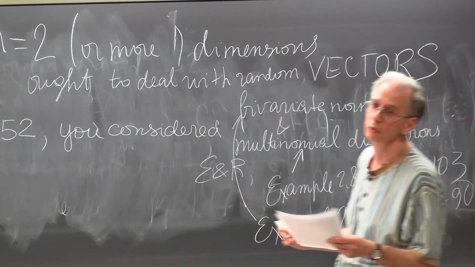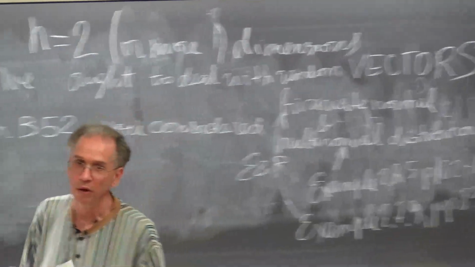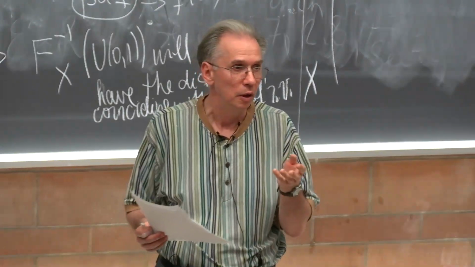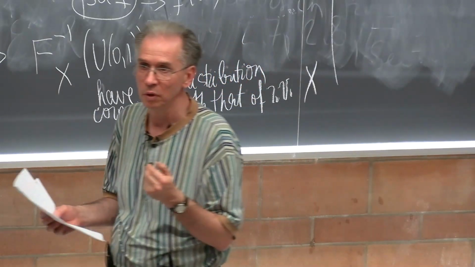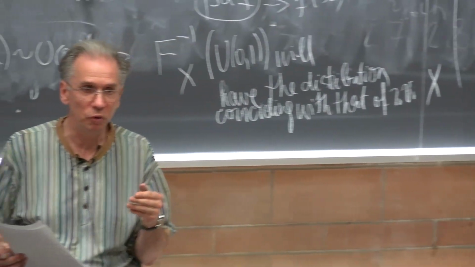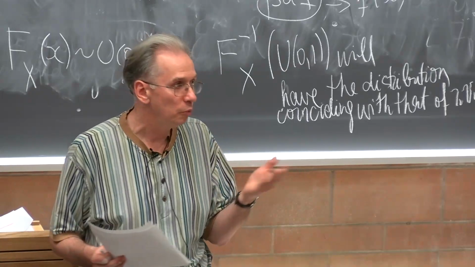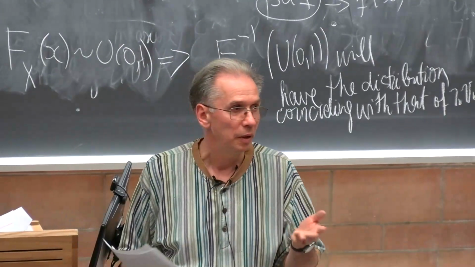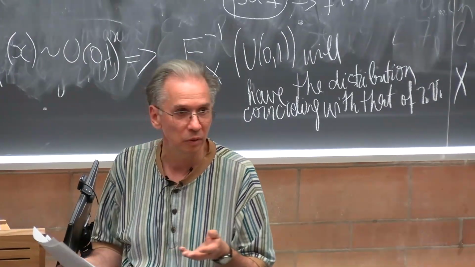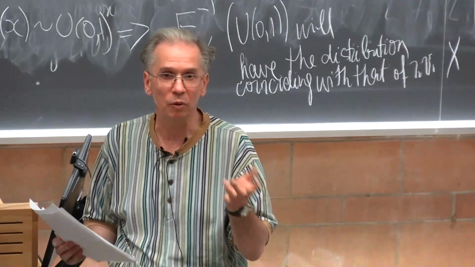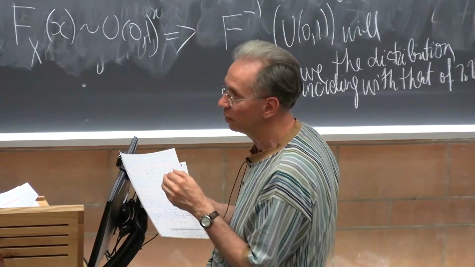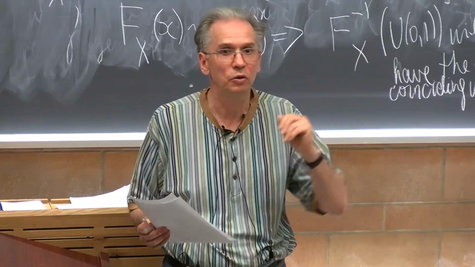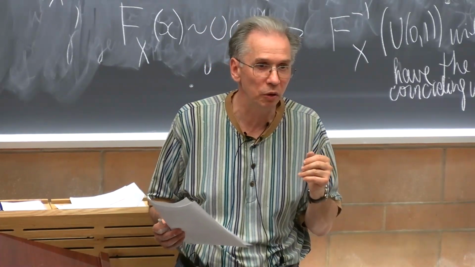Of course, you learned general formulas, but there are two particularly important multivariate distributions discussed in B52 in detail. Say, multinomial distribution occurs when you roll a die several times and observe the number of ones, twos, threes, etc. in n rolls of a balanced or not necessarily balanced die.